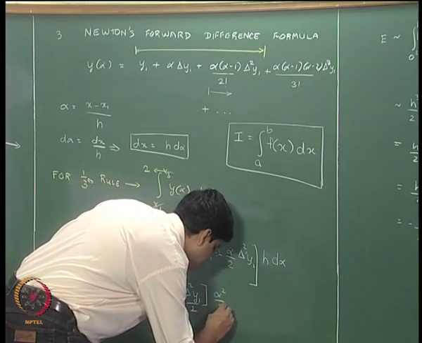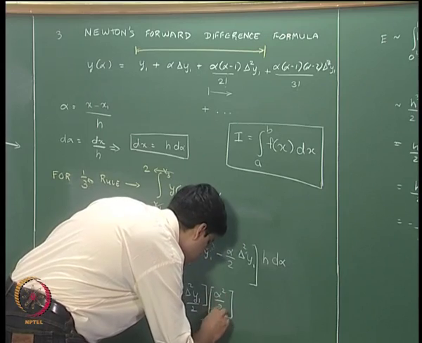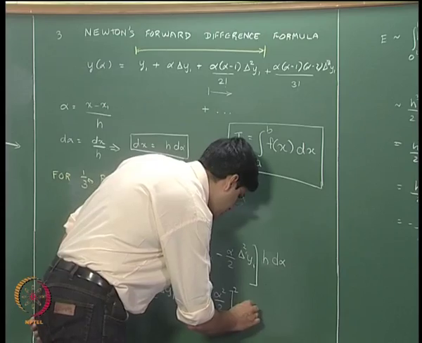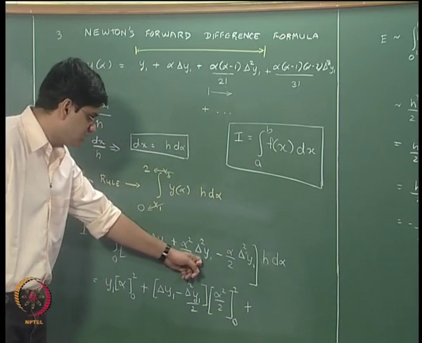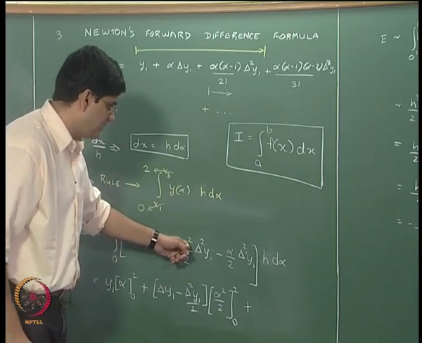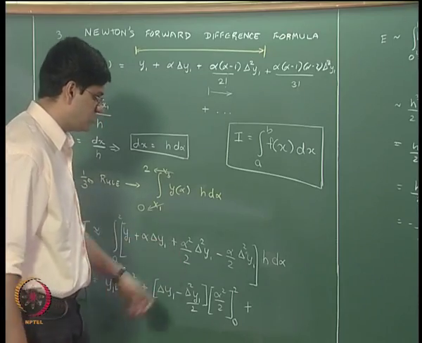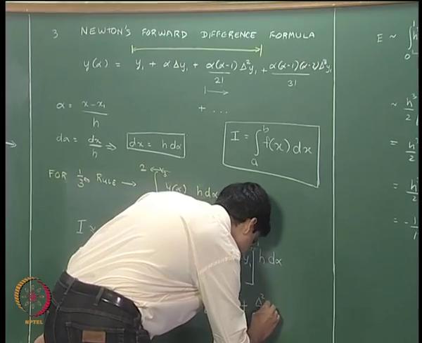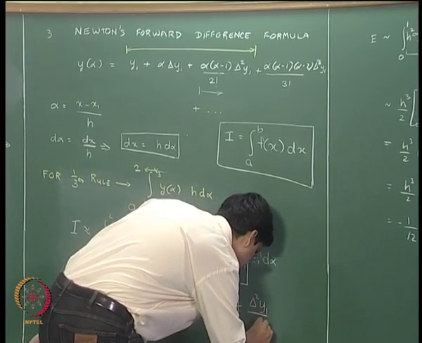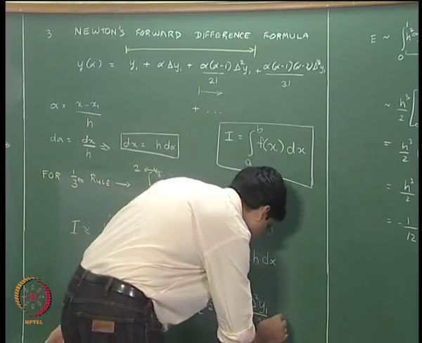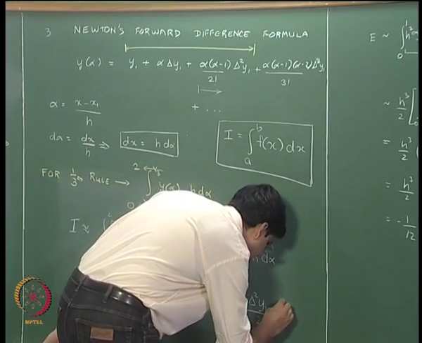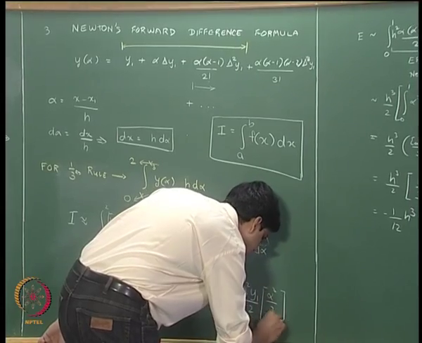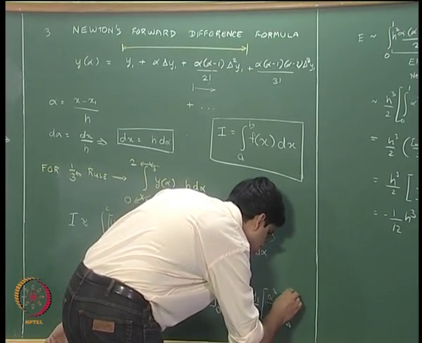So we will have alpha squared by 2 from 0 to 2, and the third term is going to be delta squared y1 by 2 multiplied by integral 0 to 2 of alpha squared, and the integral of alpha squared is alpha cube by 3 going from 0 to 2.